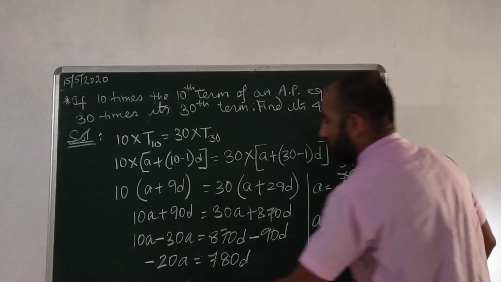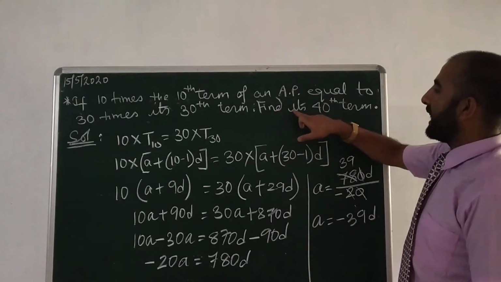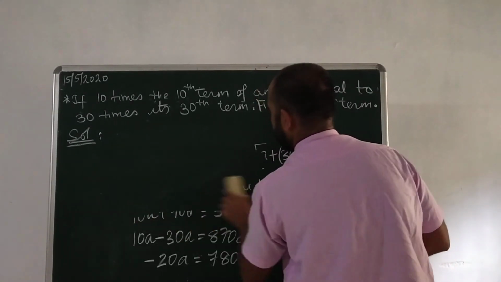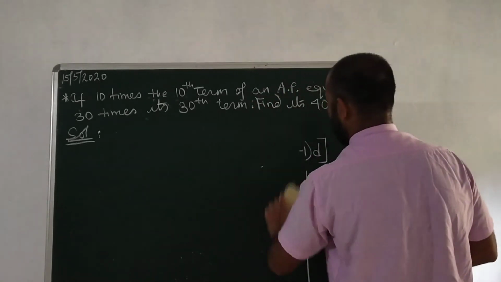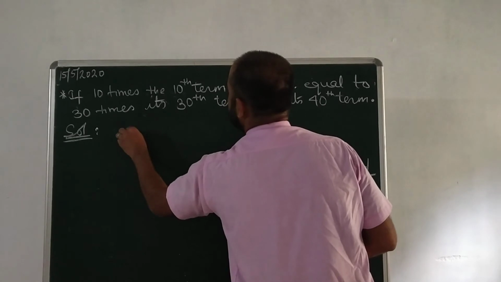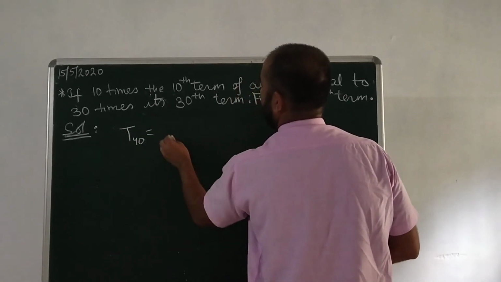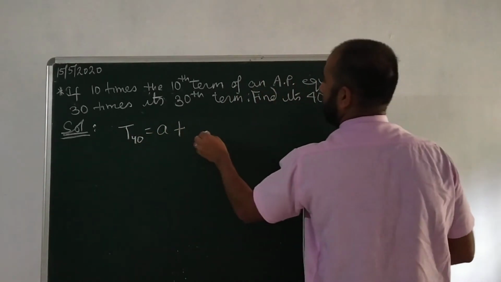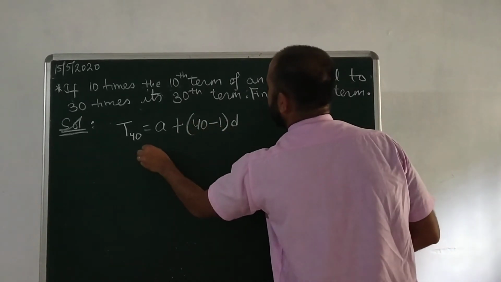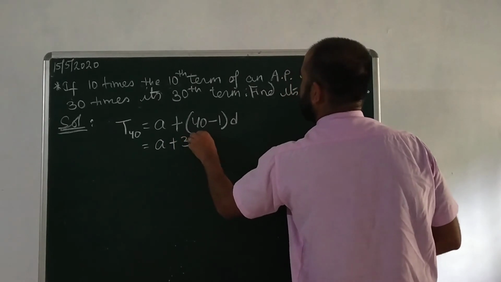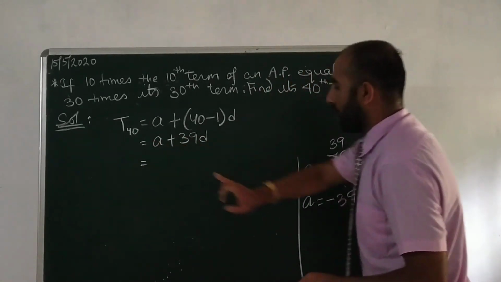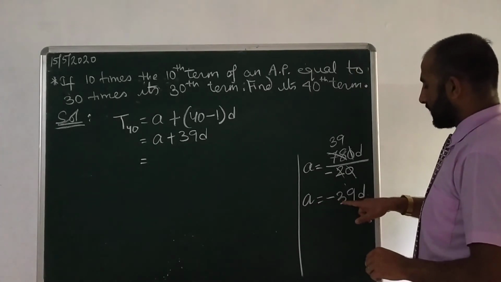Okay, so what are we supposed to find now? Find its 40th term. So let's find out its 40th term. What is the 40th term formula? T40 equals A plus (40 minus 1) D, or in general you can write A plus 39D, equals, we got the value of A, that is minus 39D.